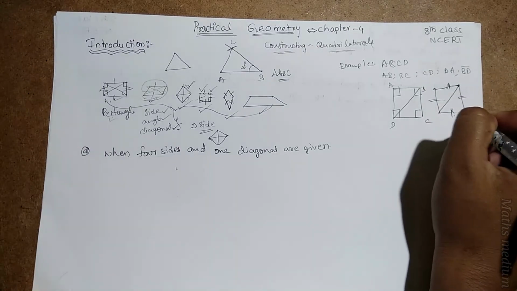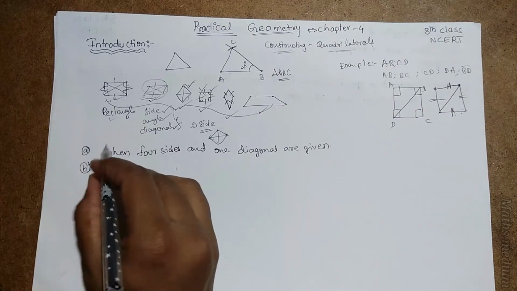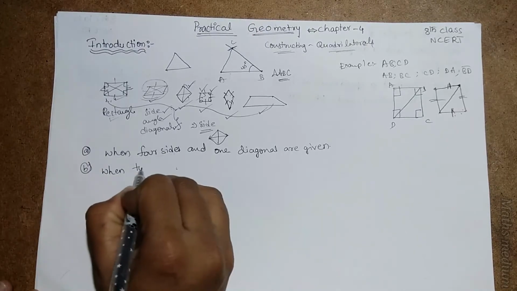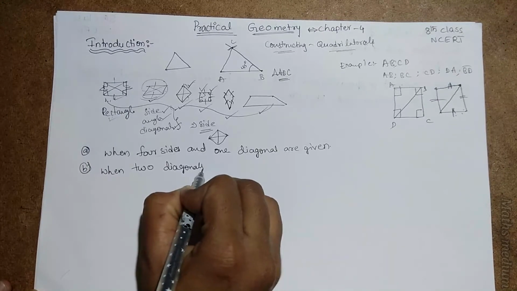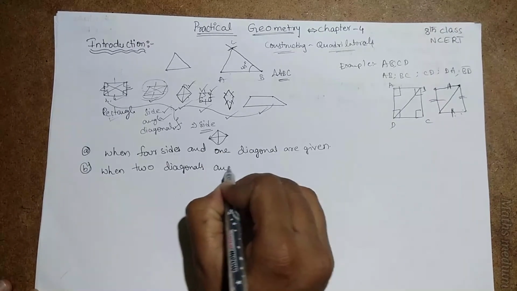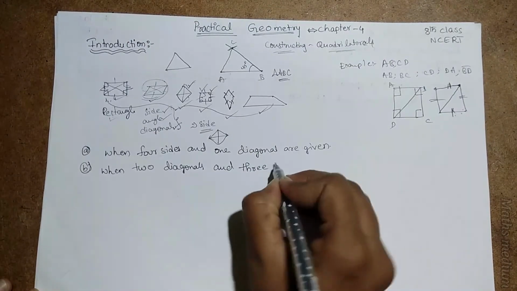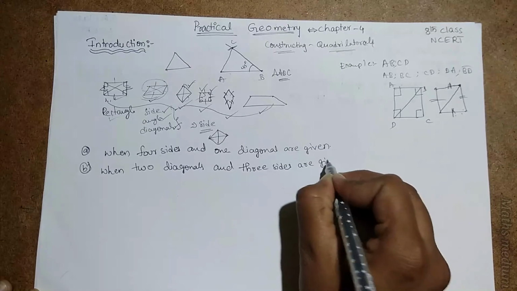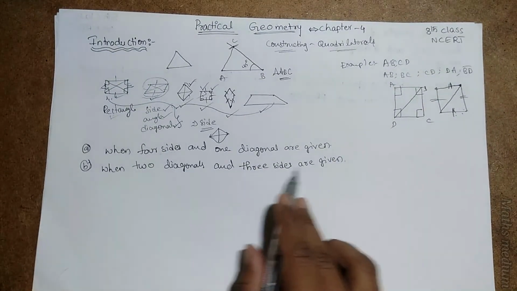This is just an example. Next is case B, when two diagonals and 3 sides are given. So see this, in this case 2 diagonals and 3 sides.